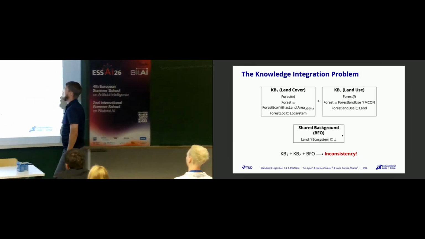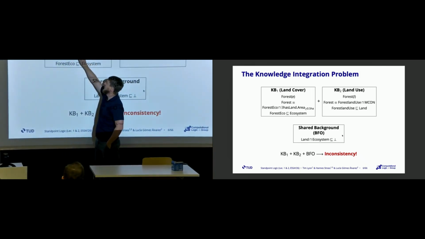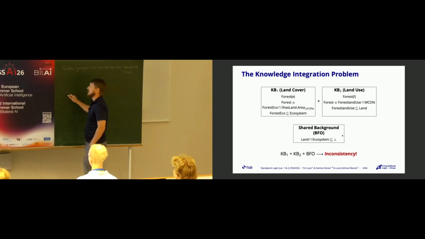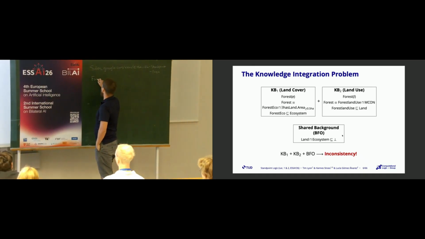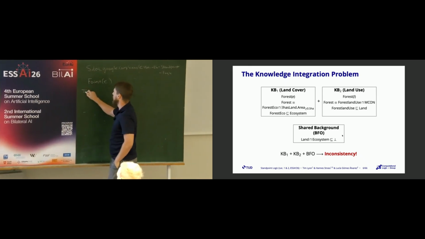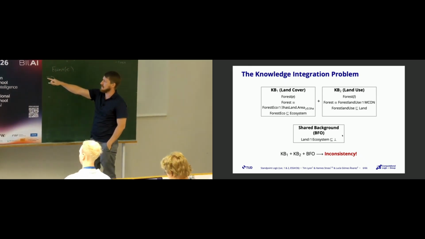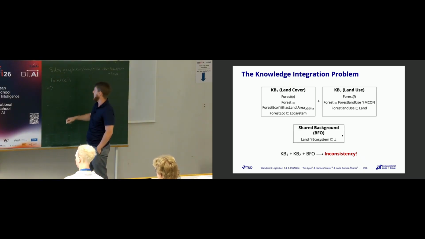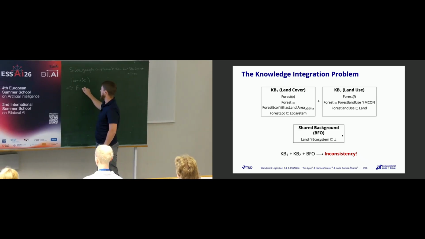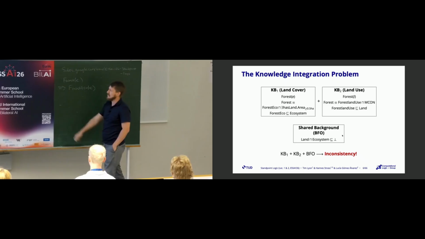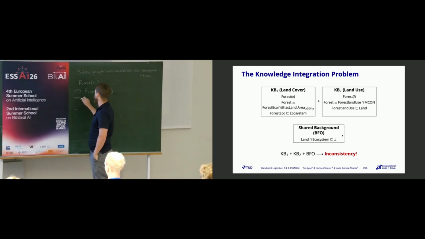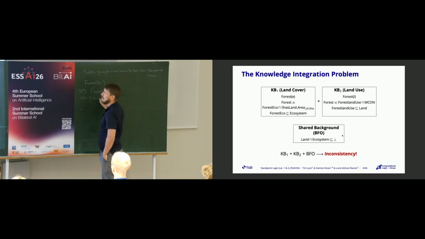So if we take this fact and apply this definition to it, starting with the fact that E is a forest, I can derive by means of the definition that if something's a forest, it's a forest ecosystem and satisfies some other property, that E is a forest ecosystem. And then by the last formula in KB1, I know that E is an ecosystem, right? So ecosystem.